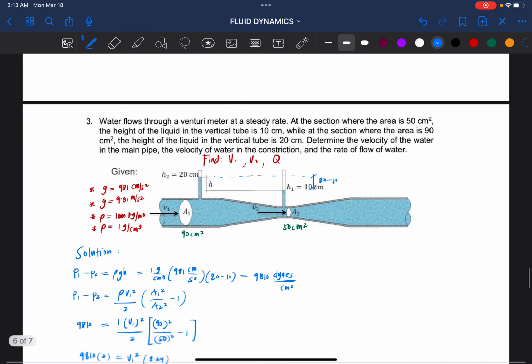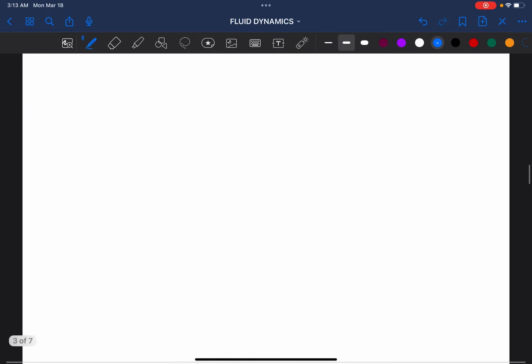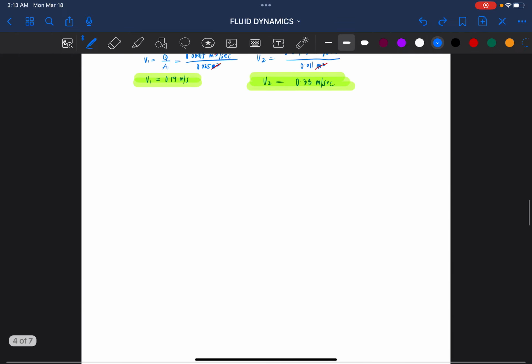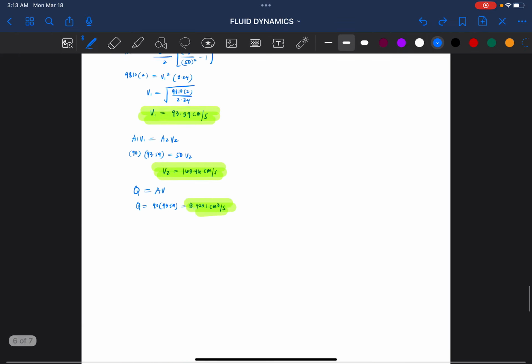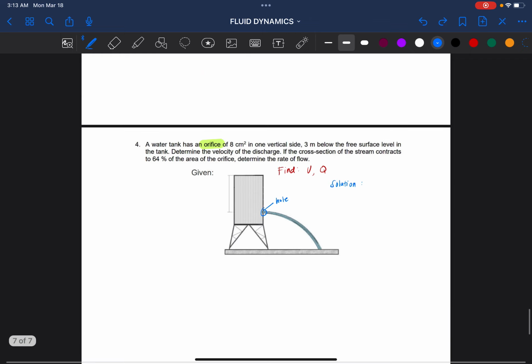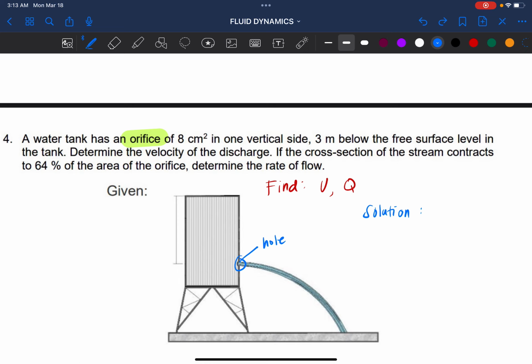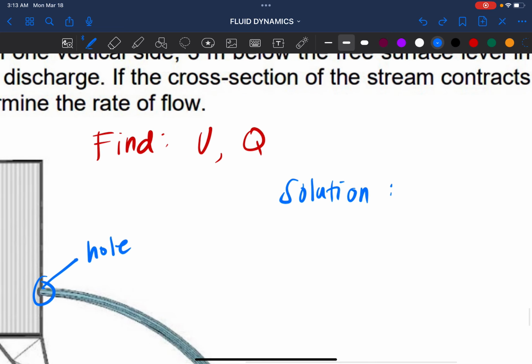Kapag ganitong type ng problem, ang binigay sa atin, yung dalawang formula lang na yan. So, basically, ang gagawin lang natin dyan is, gamitin natin yung formula which is V is equal to square root ng 2GH.